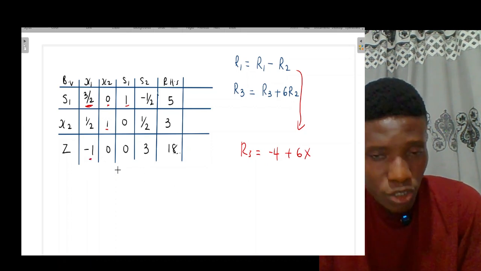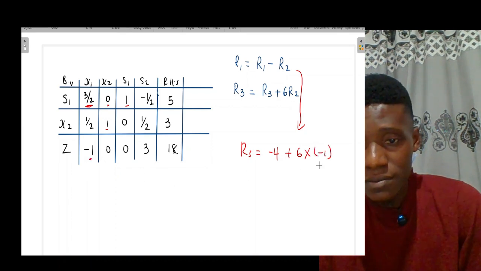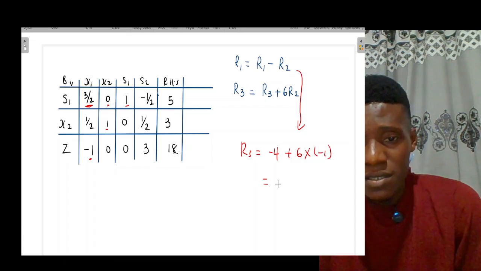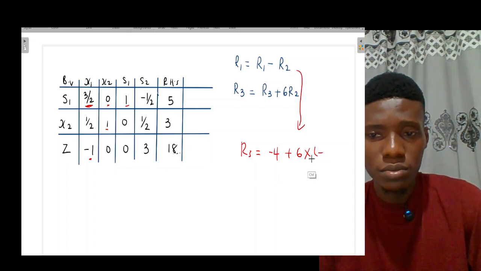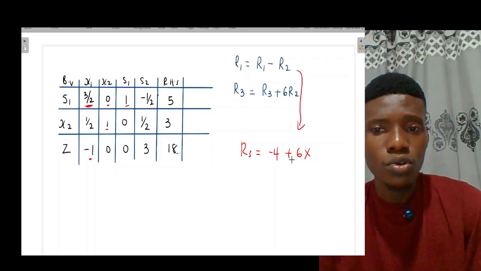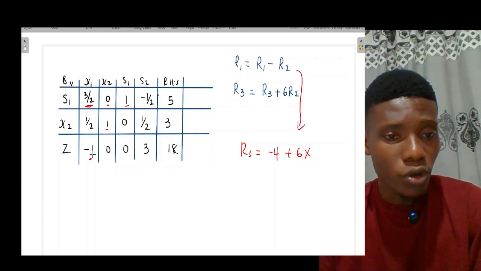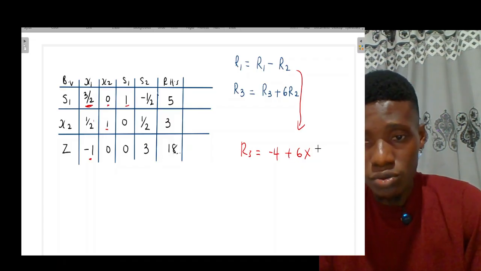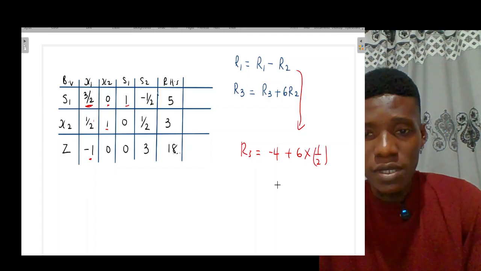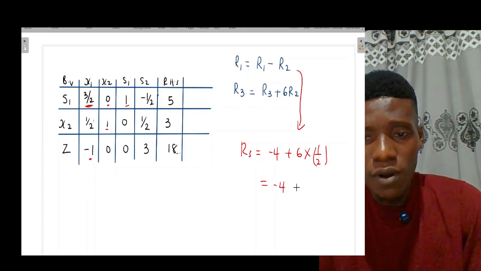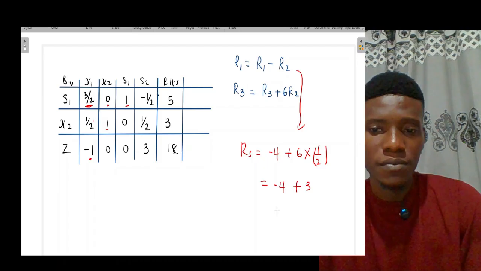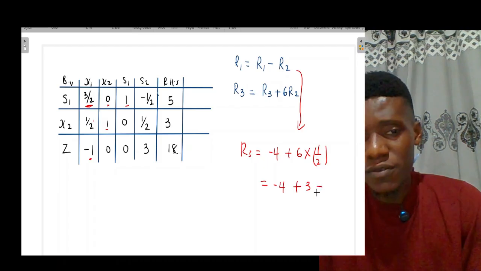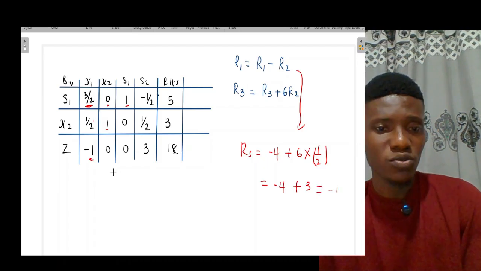The new row 2 for this column now is 1 over 2. So that will be minus 4 plus 3. And minus 4 plus 3 gives you minus 1. And that's how we arrive at this minus 1.